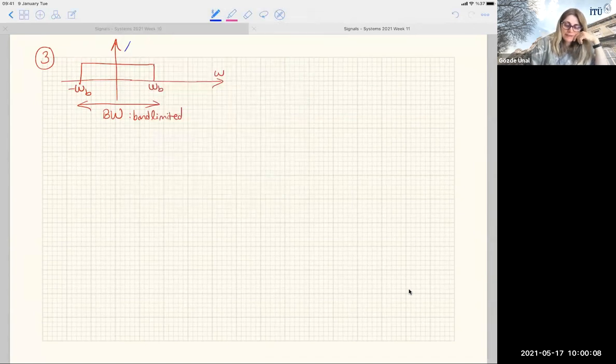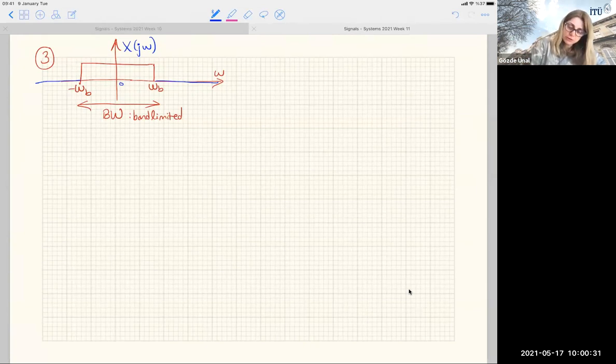So let's say this is x of j omega. This time I'm giving you the Fourier representation of the signal. You see, this time it's actually a rectangular pulse in the Fourier domain. Remember, this is really a low-pass filter, an ideal low-pass filter.